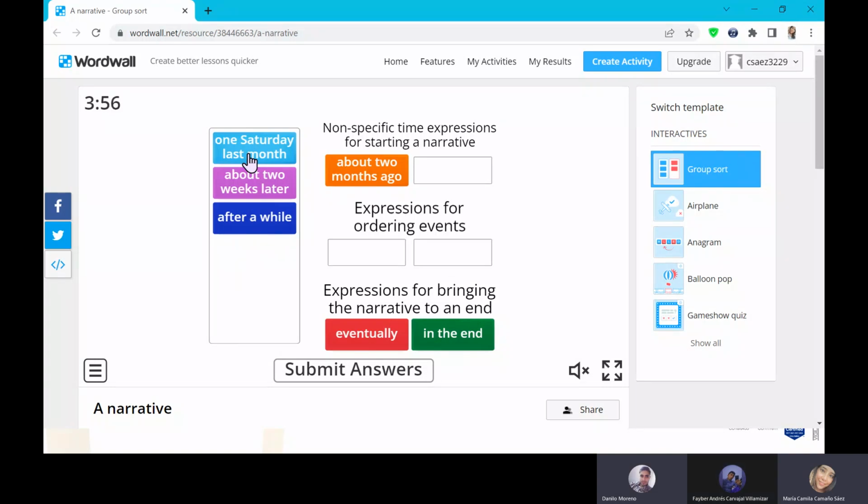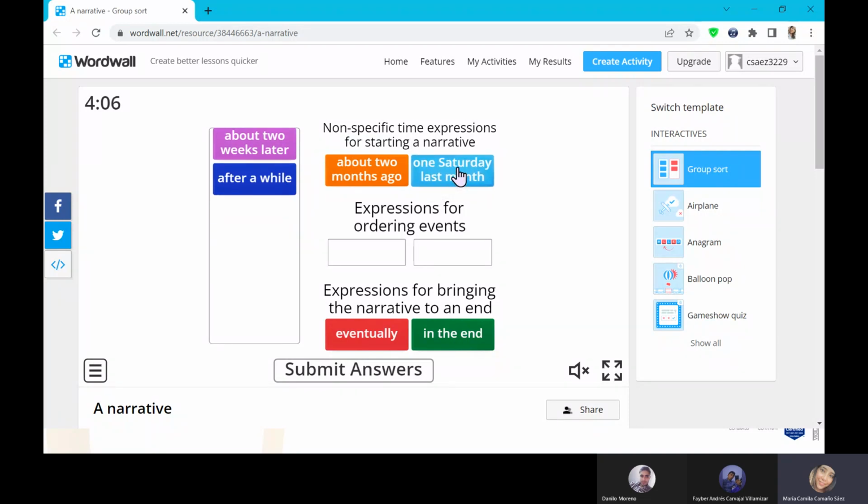Yes, but I'm not sure. Okay, don't worry. "One Saturday last month" is a non-specific time expression for starting a narrative. And "about 2 weeks later" is an expression for ordering events. And "after a while" is the same group.